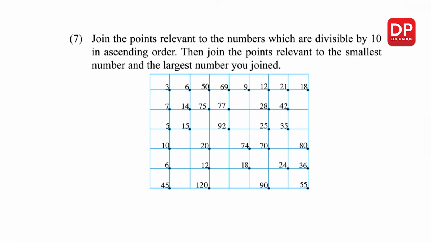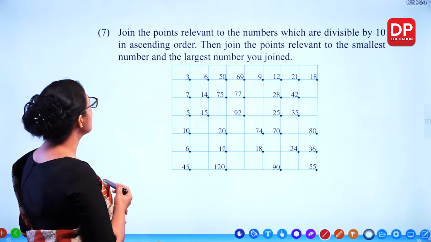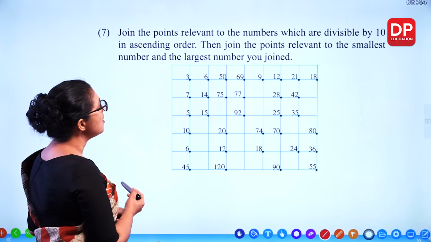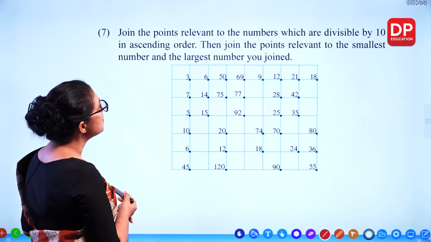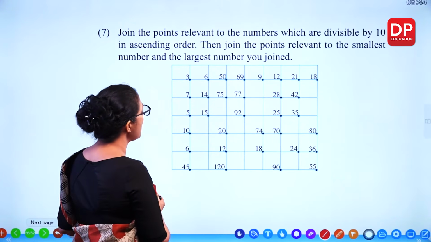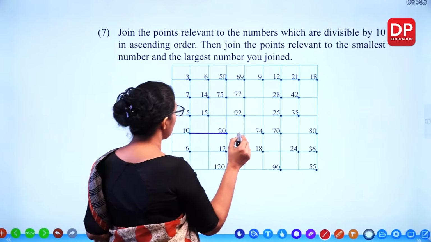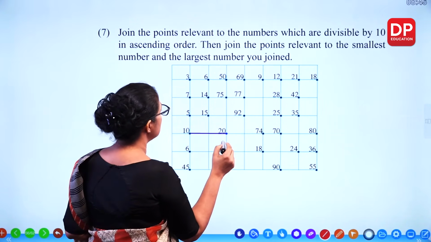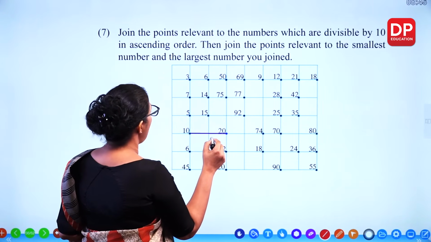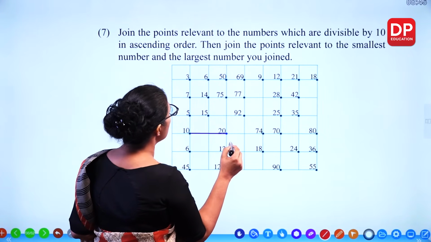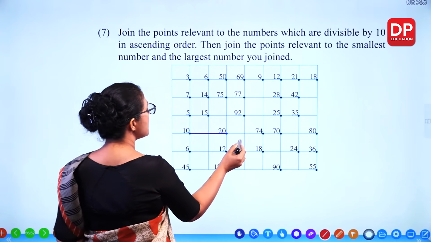Join the points relevant to the numbers which are divisible by 10 in ascending order. Then join the points relevant to the smallest number and the largest number you join. So multiples of 10. Starting from 10, 20. Then 50. 50 is the next number.